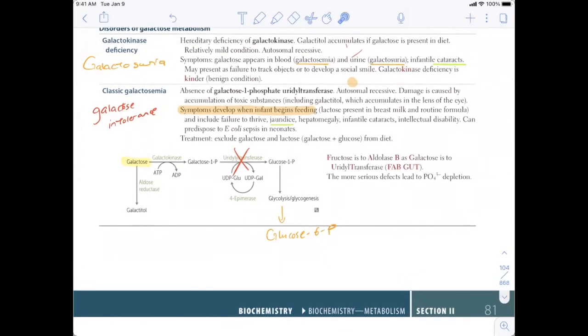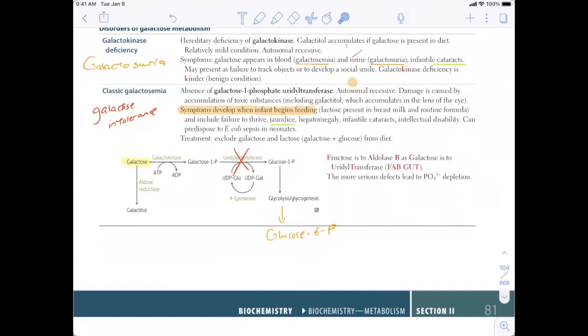But just like your fructose, we're also accumulating phosphates. We're wasting phosphates, okay? So we have more serious symptoms going on, just like we saw in the other one, like jaundice and failure to thrive and all that, okay?